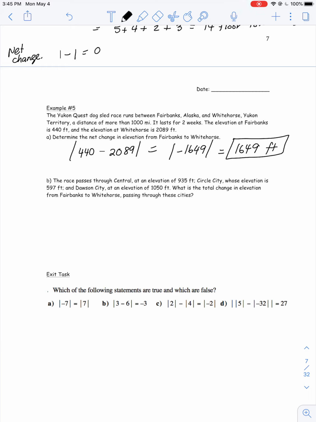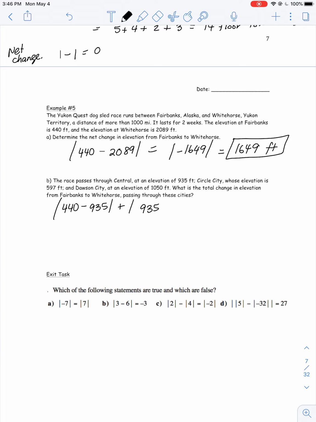Now we want to figure out the total change, so we have to actually find the change in each set. So we want to start at Fairbanks, which is 440, and subtract where we get to Central, which is 935.